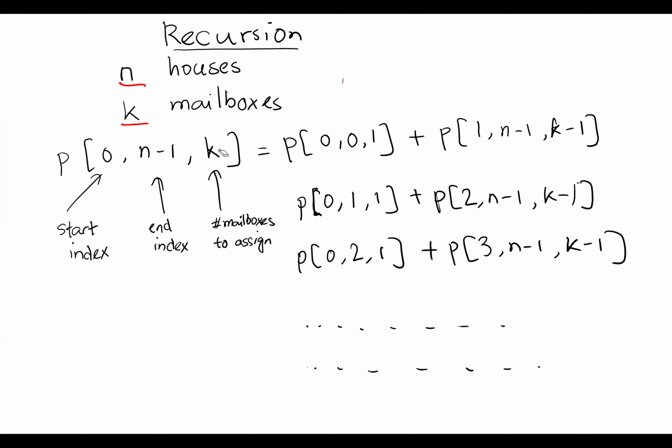So the whole problem is going to be this, right? Where the starting house is index 0 house. Since we have n houses, n minus 1 is the end index, and the number of mailboxes to be assigned is k. Now we can start creating smaller groups. So we create a group of 1 and assign 1 mailbox, and for the rest n minus 1 houses, we assign k minus 1 mailboxes.